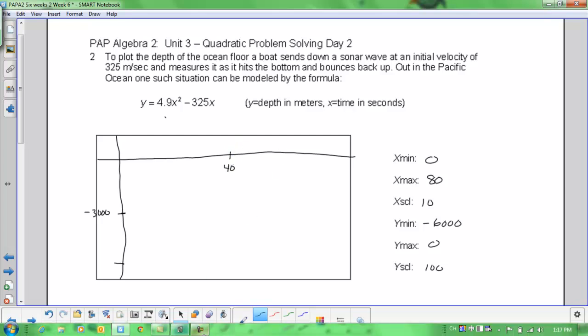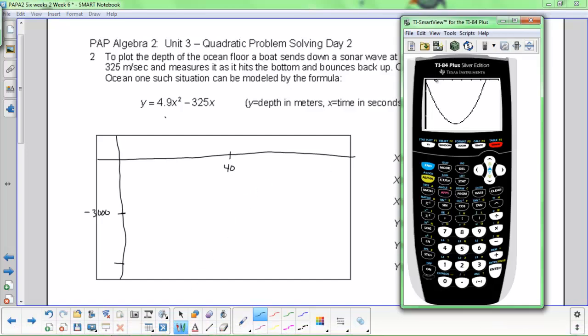Okay. We're going to find these places the same way we found before. First thing I'm going to do is now find the minimum. The minimum is the bottom of the graph this time.